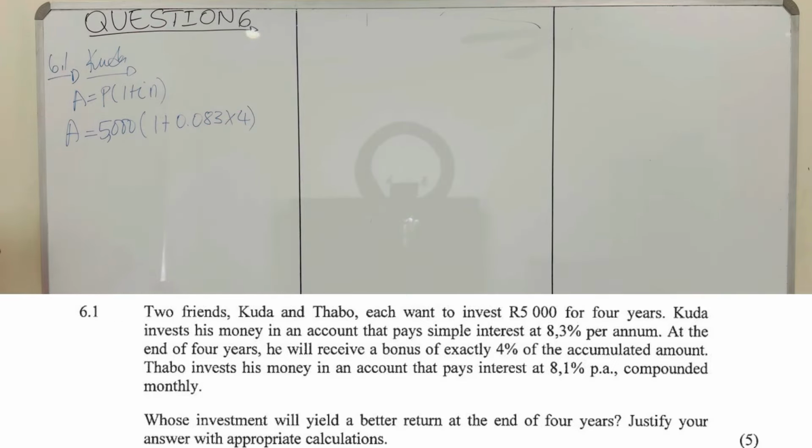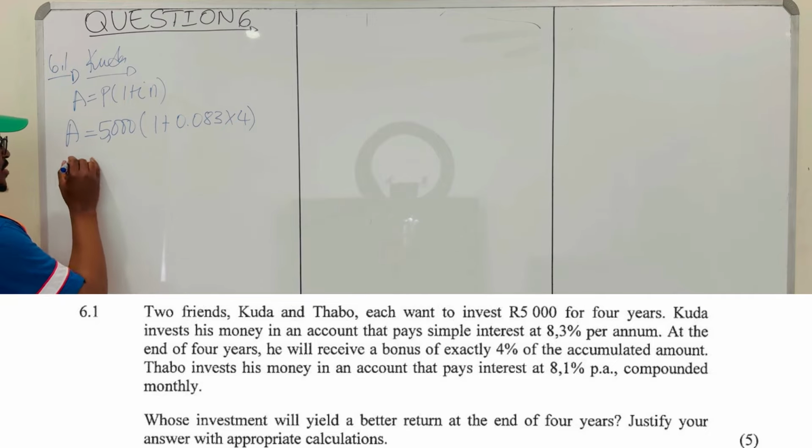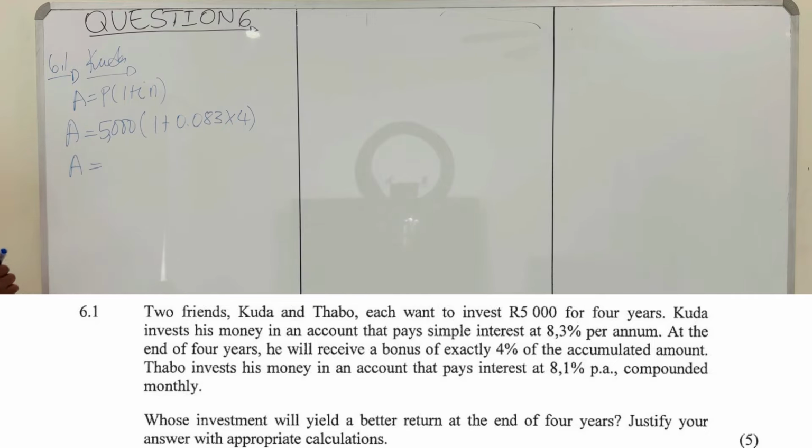So how much money will Kuda have? A is equal to the answer to this. So it's 5,000 into 1 plus 0.083 times 4.